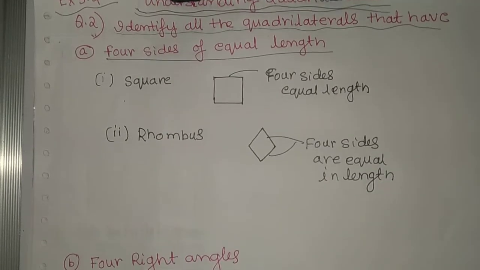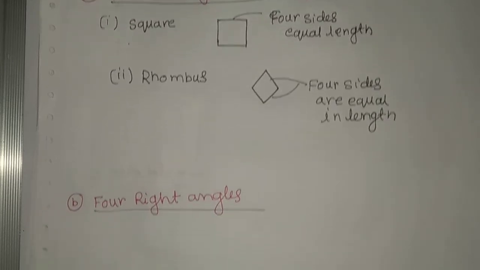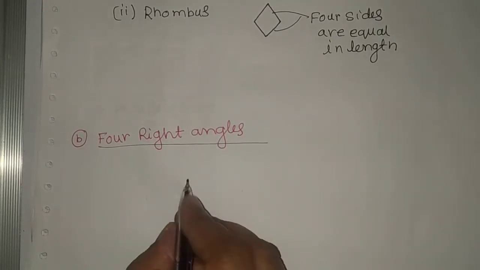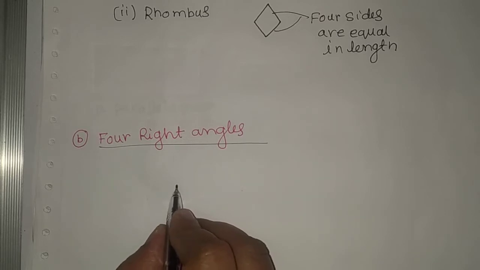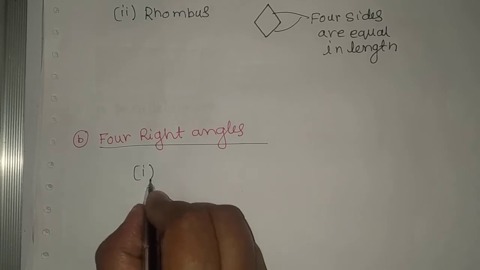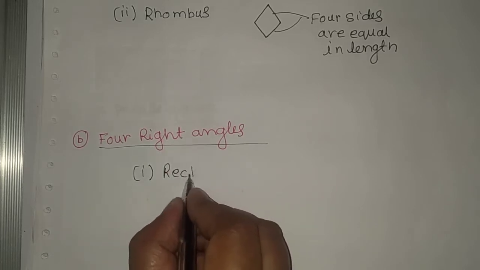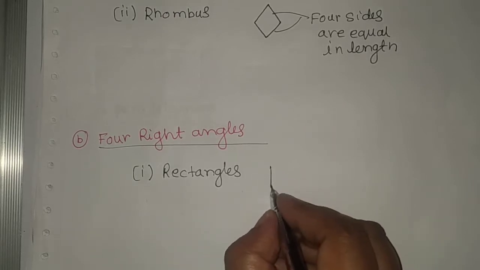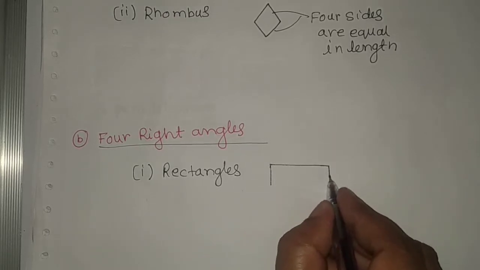So we move on to the next one, that is, the next option given is 4 right angles. So the first option here is, we can take rectangle. Rectangle having 4 right angles. So this one is a rectangle.